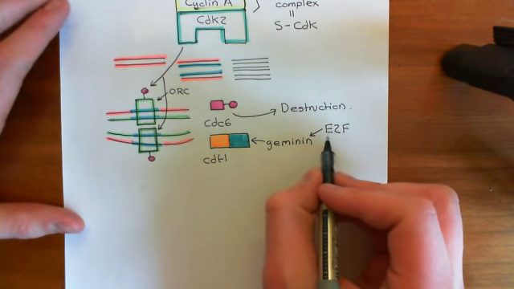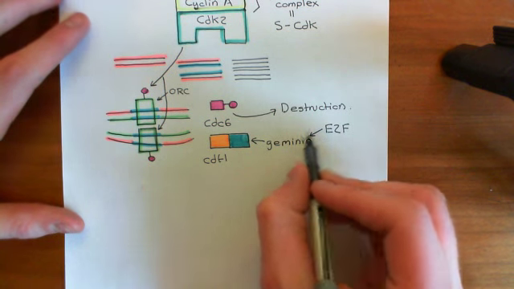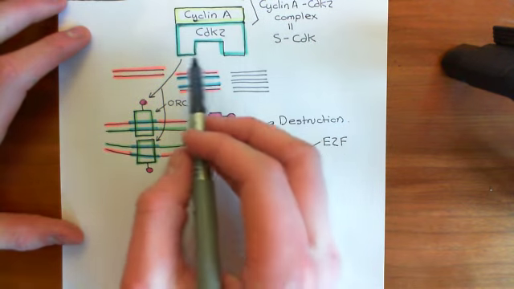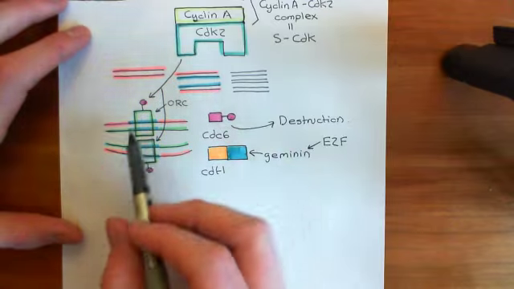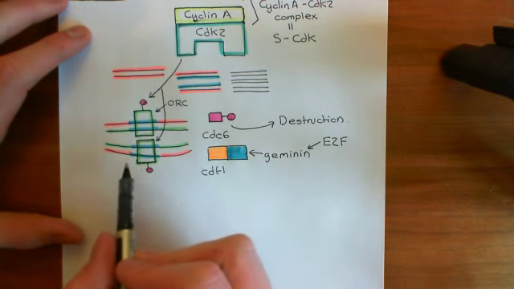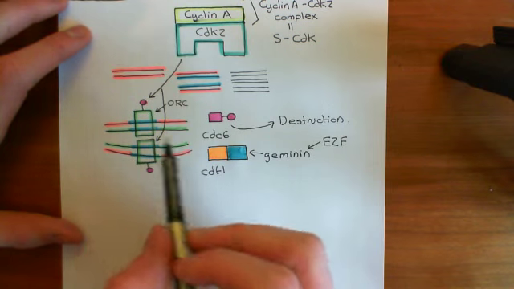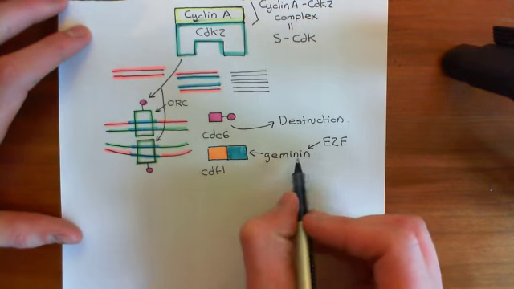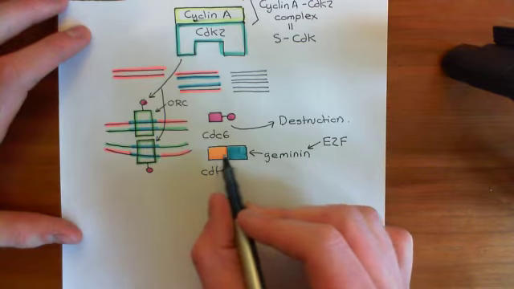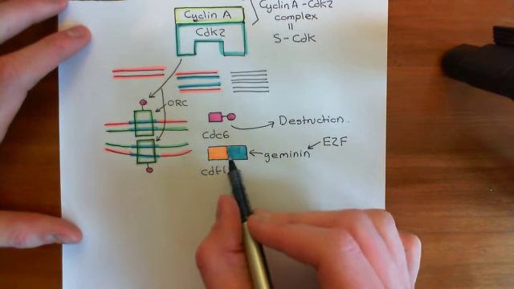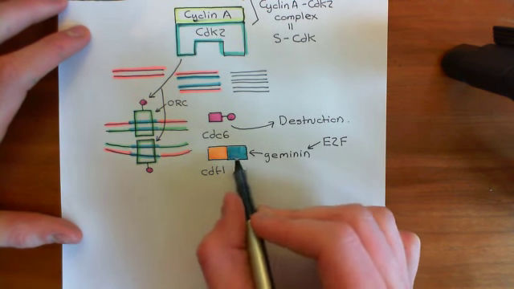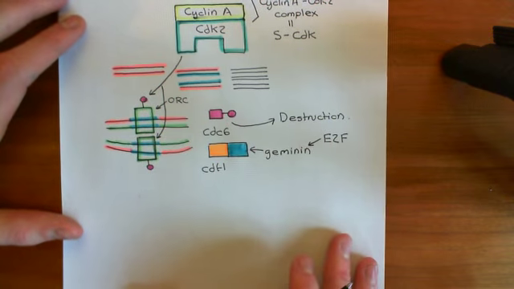By increasing the expression of cyclin A, we form cyclin A CDK2 complexes, which are involved in trying to prevent new pre-replicative complexes being formed. Okay, and we also produce geminin, which also helps in this job of preventing double replication of the chromosomes effectively.